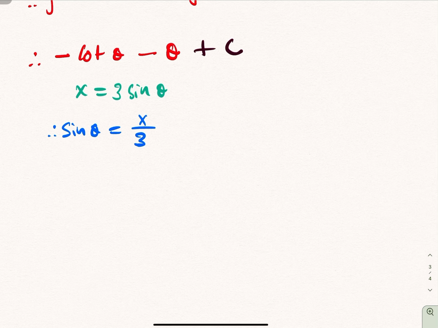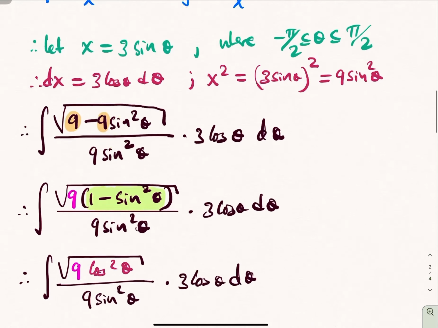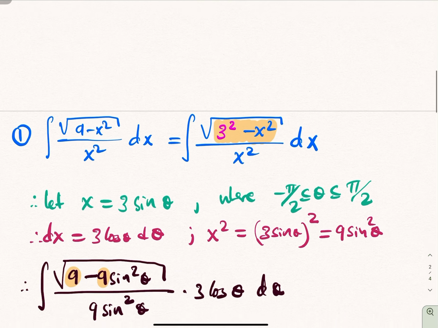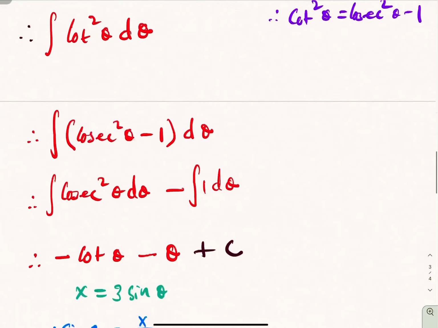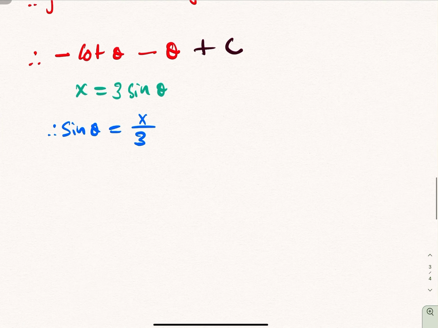Let's go back to high school. What is the trig ratio of sine? That is the opposite over hypotenuse. If you were to draw that, remember that your theta has to be in the first or fourth quadrant.